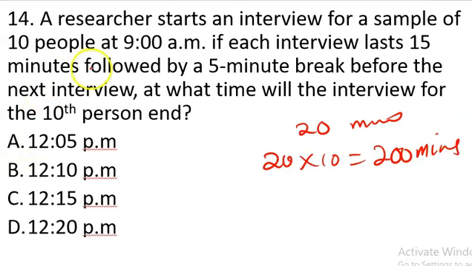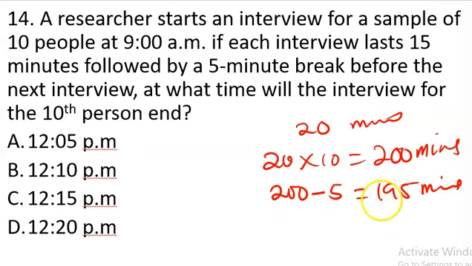But remember, for the last person, there's not going to be a break, because he is the last person. When we are done, we are done. So we will subtract 5 minutes from it. 200 minutes less 5 will be 195.